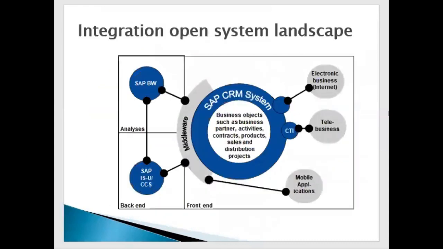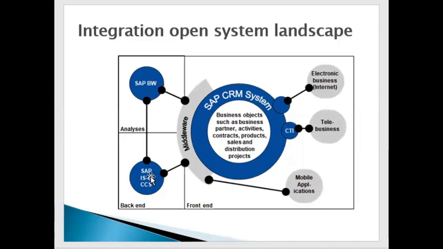So if we put them into a landscape, now when we say landscape, it means there are different servers. When we integrate the different servers and we put the diagram into a landscape perspective, you can see the SAP ISU system is the core system. That core system is integrated to the CRM system through a middleware. That middleware may be PIPO.